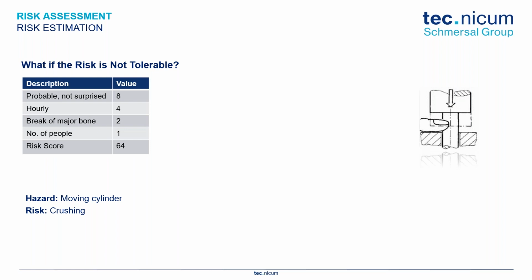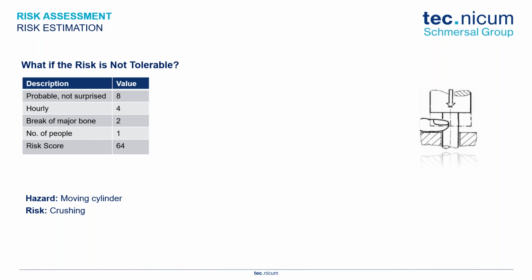Here's that example of the hazard rating number. Based off of the previous slide, we have a probable chance of being exposed to this hazard, so we have a value of 8, probable, not surprised. We are exposed to this particular hazard hourly, and so we get a value of 4. If we are exposed, there's enough pressure and force that we can have a fracture.